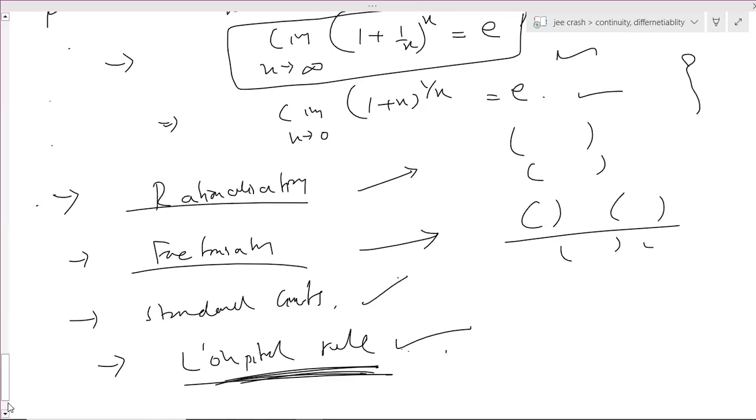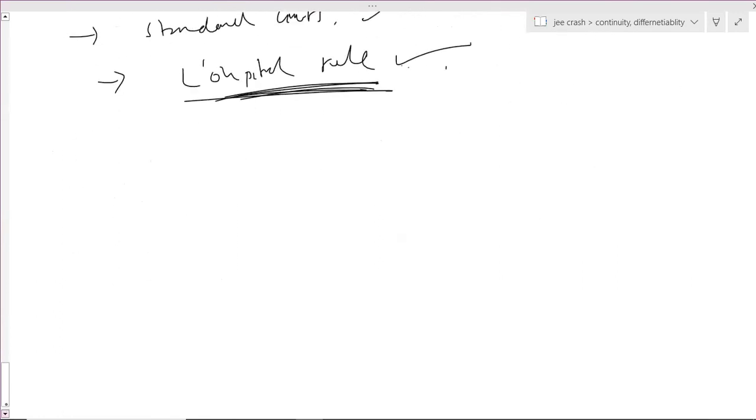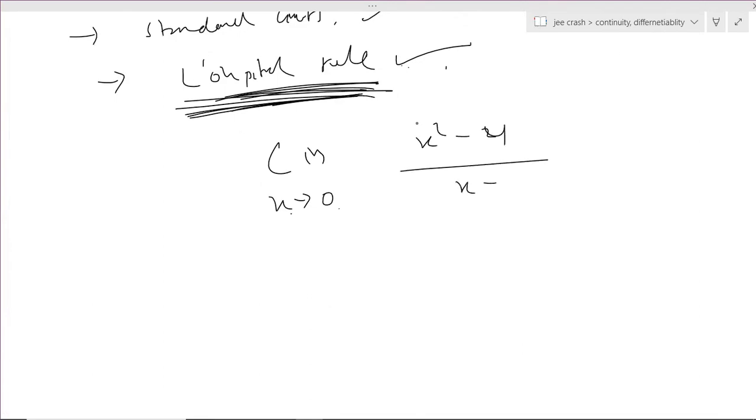L'Hopital rule, how many of you know L'Hopital rule? Does any of you know L'Hopital rule? Okay, and use this in JEE mains. All right, do not hesitate. Very important. Limit as x tends to 2 of (x square minus 4) upon (x minus 2).